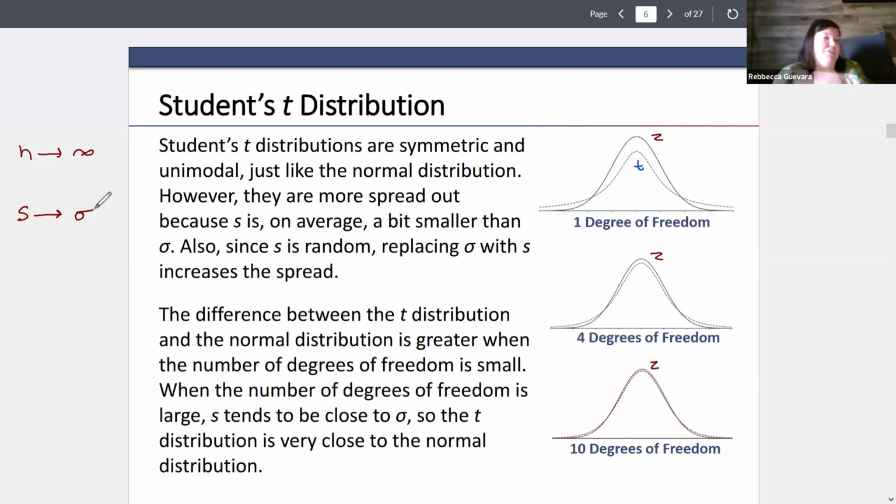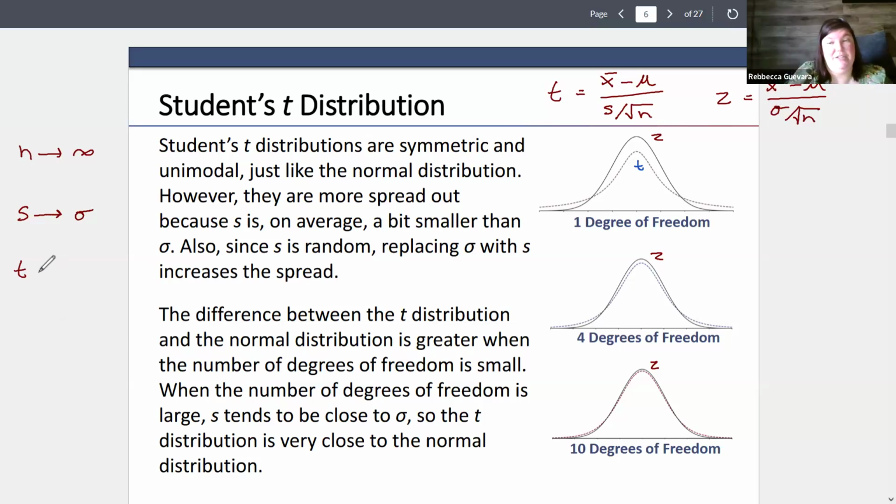So my sample standard deviation starts to match the population standard deviation, which then means that my t-score, which is this, remember, this is your z-score. Because S and sigma are getting closer to each other, T starts to look like Z. So there's a point where we don't even have to really use a student t distribution anymore.